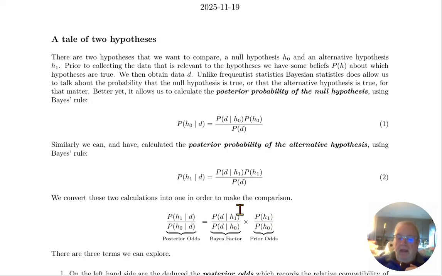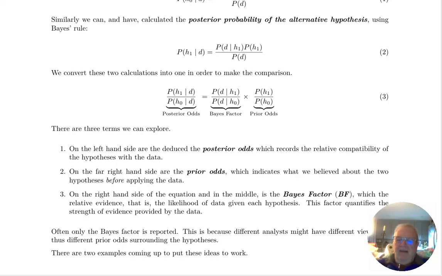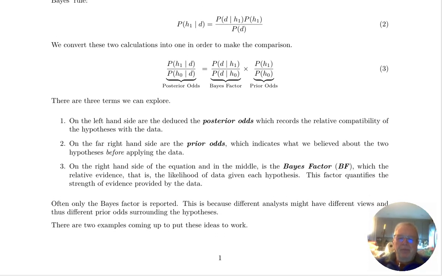And this piece here, the probability of data given one hypothesis divided by probability of data given the other hypothesis, is called the Bayes factor. And this multiplies the prior odds ratio, and we get a posterior odds. That's a little murky idea, but we'll hold it for just a second.